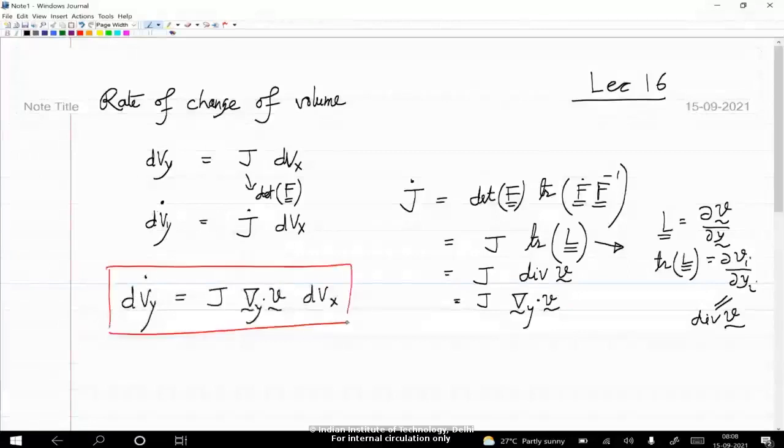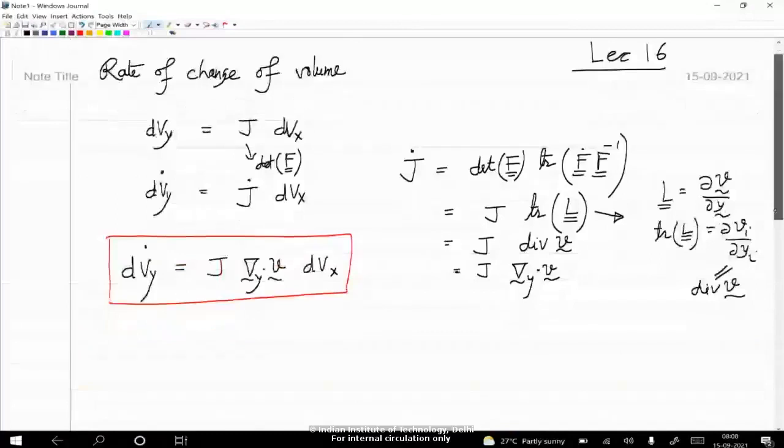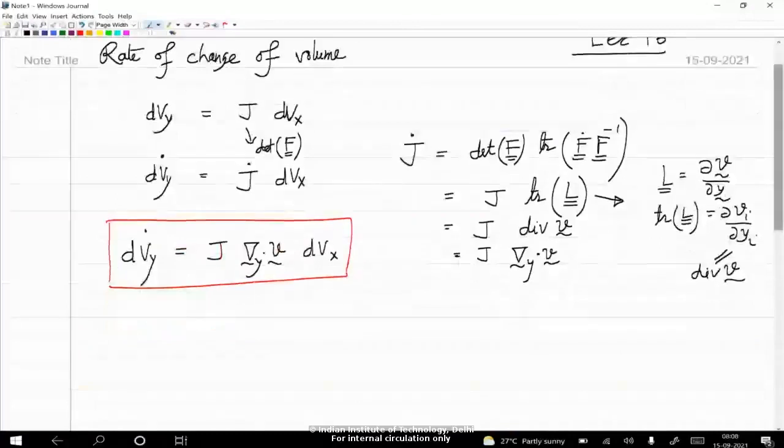And notice, if you want that the deformation is such that volume is not changing with time, there is no change in volume with time, then you would like that the right hand side becomes zero, right? For isochoric deformation, basically.